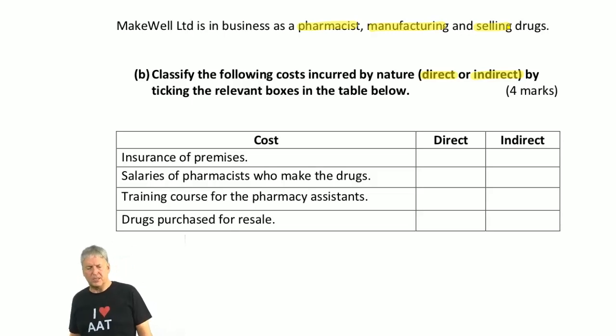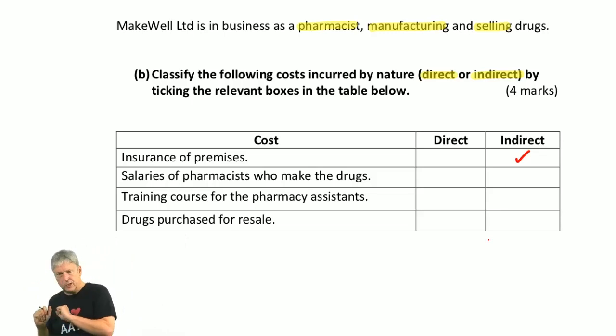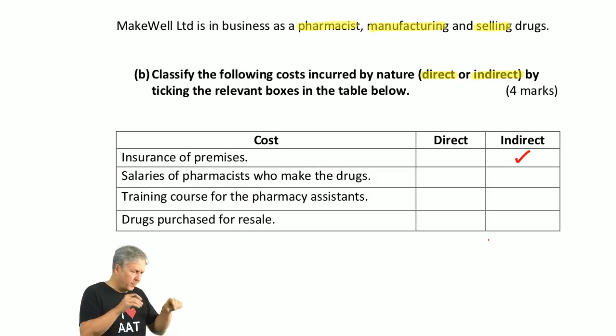Insurance of the premises. What do you think? Yeah, it's indirect. There's no way you can link the occurrence of an insurance premium once a year with selling or making something bit by bit during the year.